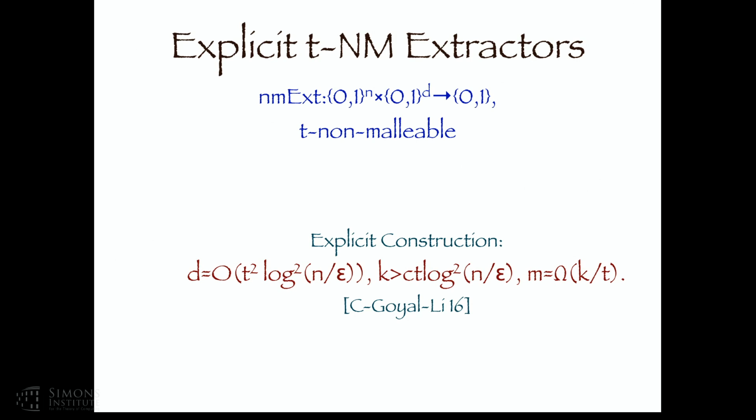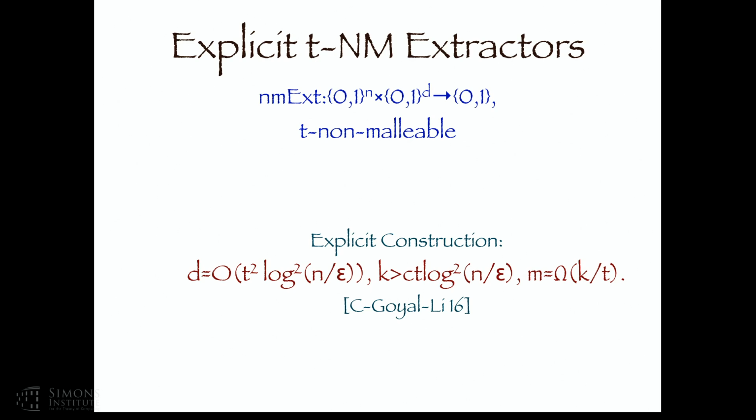Can you also, with extractors, use the probabilistic method to see how well a random extractor would do? How do these bounds compare? So, for the seeded extractor, you'd want a seed of log n plus log 1 over epsilon, up to constants.